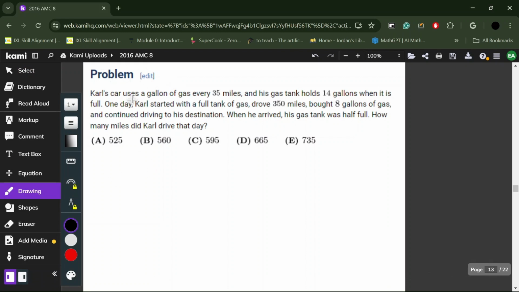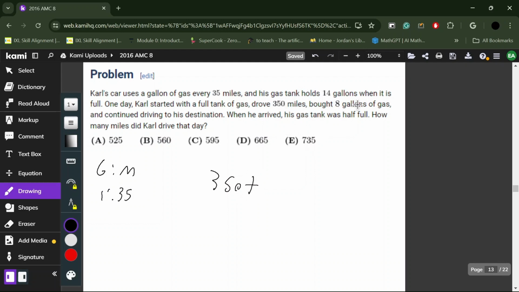let's write this out. 1 gallon of gas is 35 miles. So we can write that as a ratio, gallons to miles is equal to 1 to 35. And then his gas tank holds 14 gallons when it's full, and he started on that. So he drove 350 miles plus something else, so it's going to come later in the question.